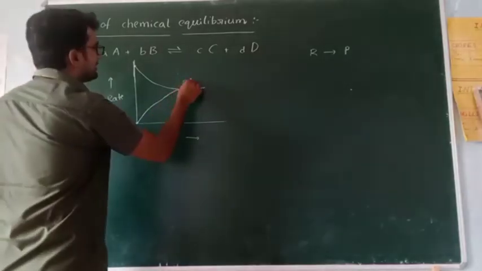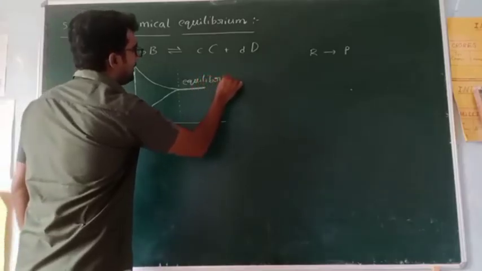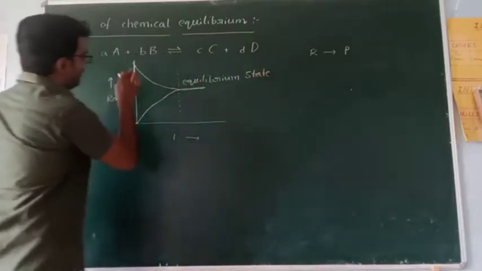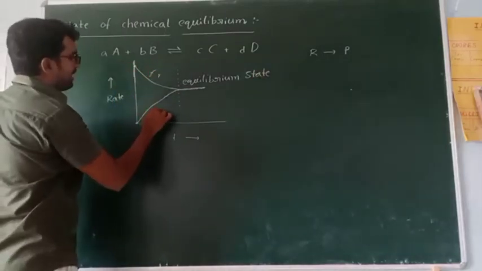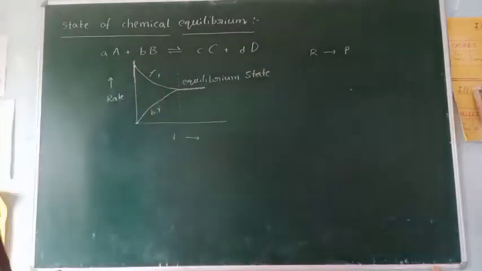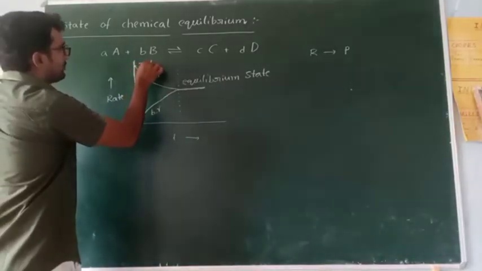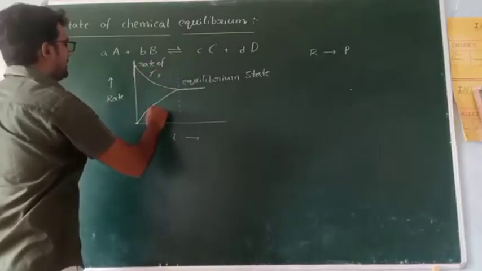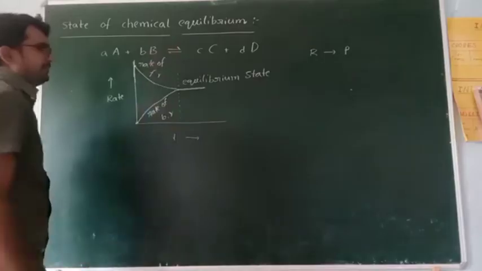So this is the equilibrium state. What about this one? This is the forward reaction, and this is the backward reaction. And this is the rate of the forward reaction, and this is the rate of the backward reaction.